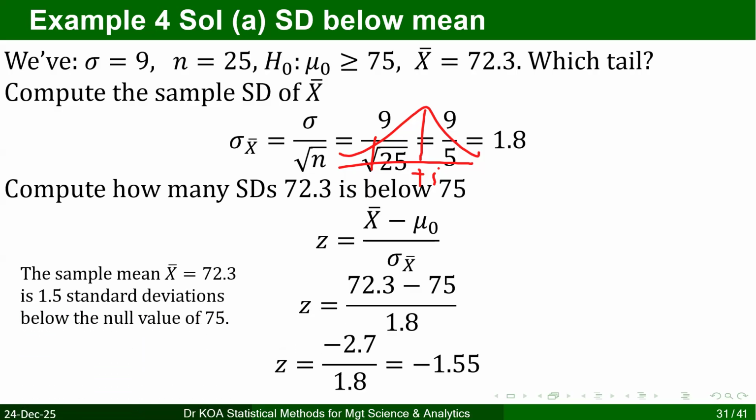So the sampling mean of 72.3 is 1.55 standard deviations below the null value of 75. Any question on that? So when you hear how many standard deviations are we, it's talking about the z-value.